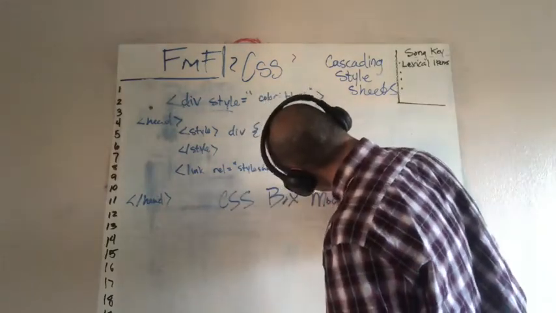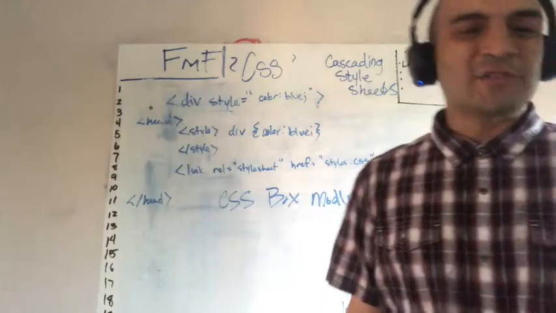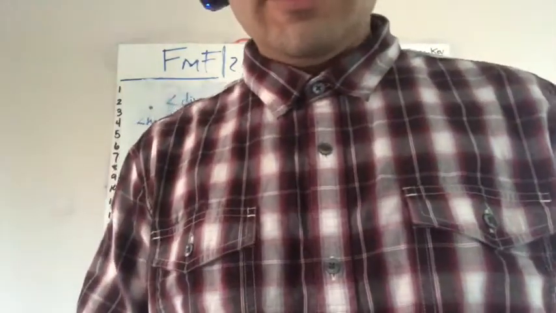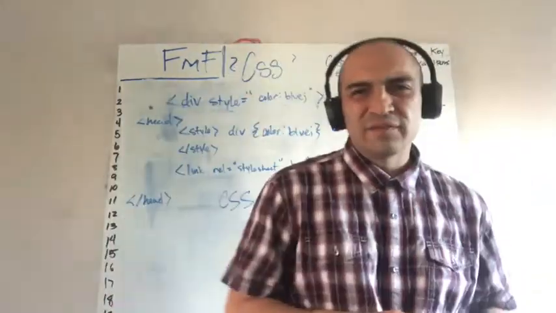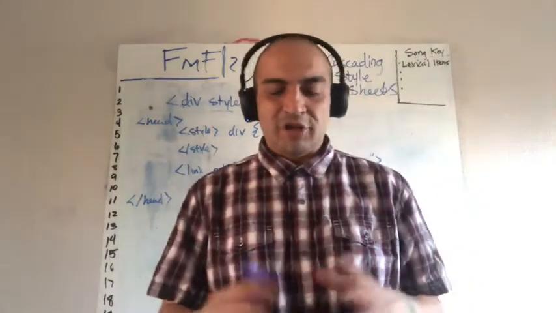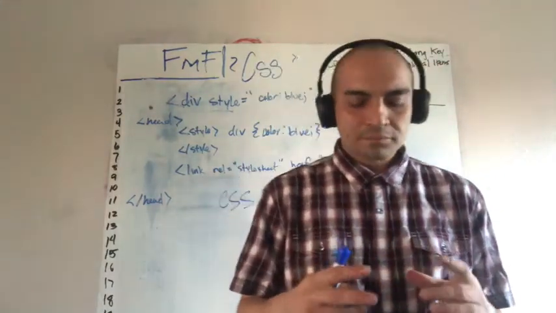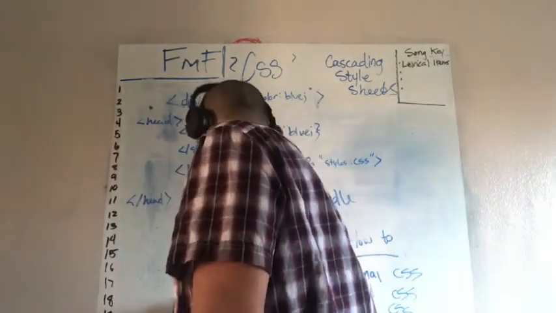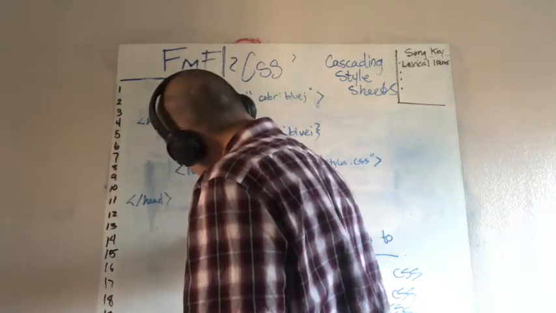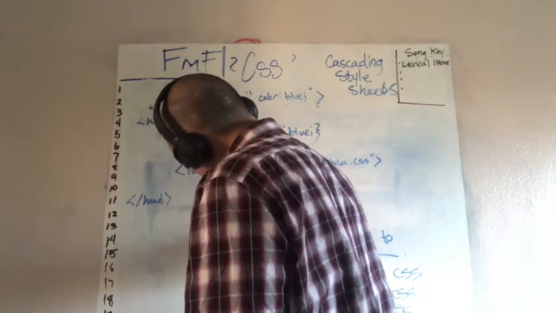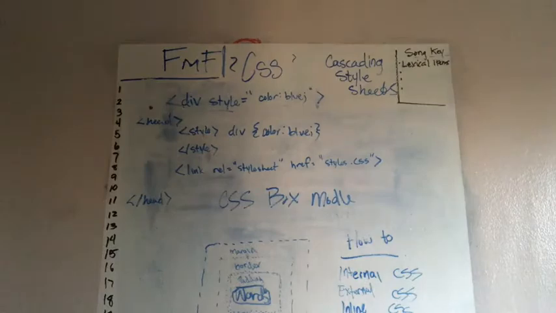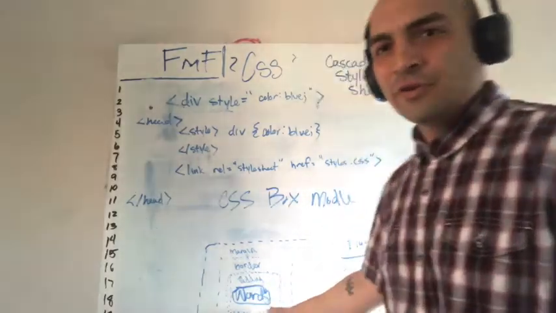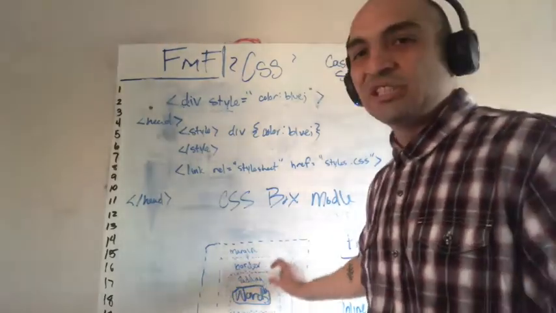The CSS box model kind of goes over the invisible lines around your content, your object: the margin. These are imaginary boxes around your items that can be adjusted.